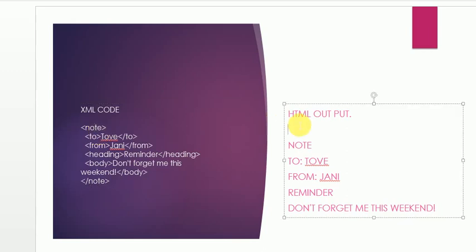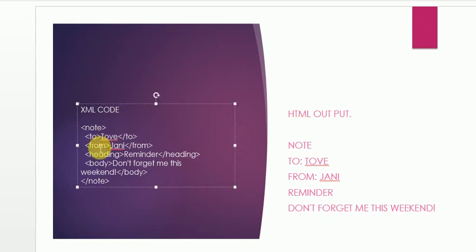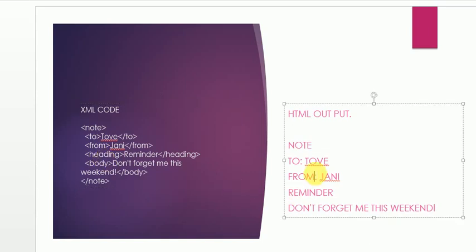Remember, HTML is Hypertext Markup Language, and XML is Extensible Markup Language, whose work is just to transport data. So we have something like to, from, heading, reminder, and then this will be the output in an HTML page.